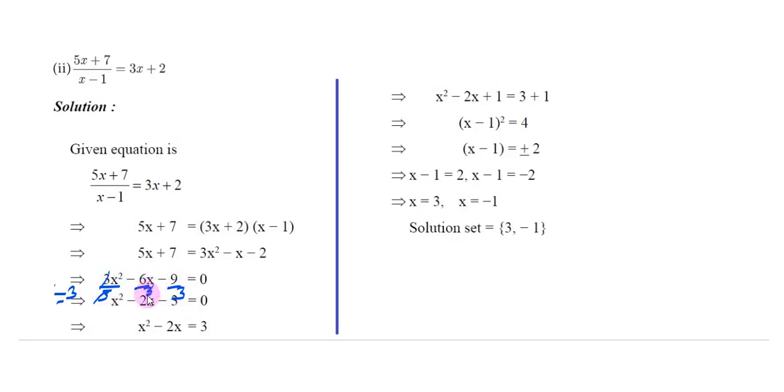Now apply 3 table, 3 ones 3, 3 twos are 6, so minus 2x. Next 3 ones 3, 3 threes are 9, so minus 3. Understood? So x square minus 2x minus 3 equal to 0. Okay. Now we should do this and the remaining steps as previous.